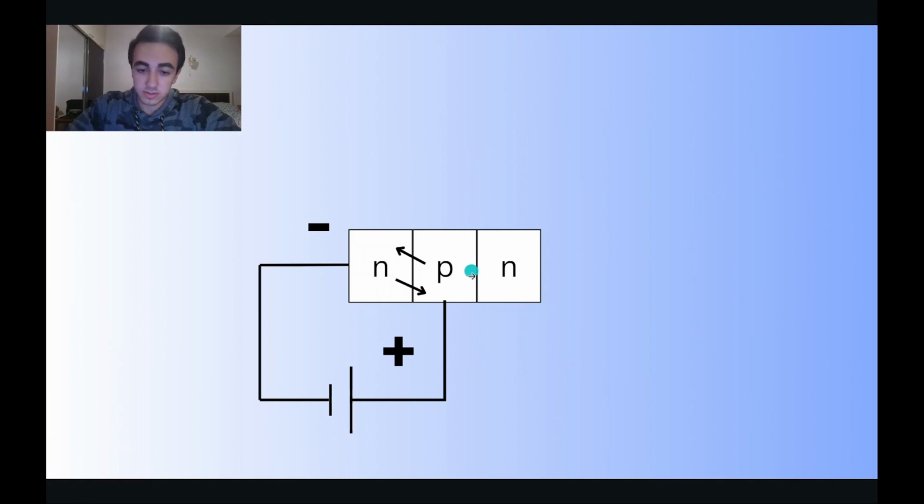Between these p-type and n-type semiconductors, there was a depletion layer that didn't let the electrons flow this way.